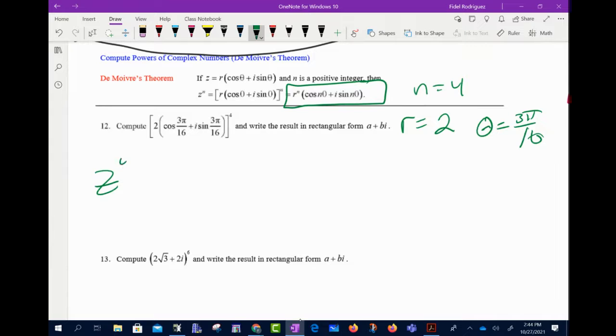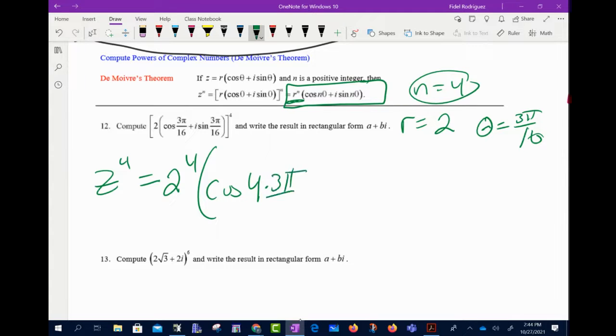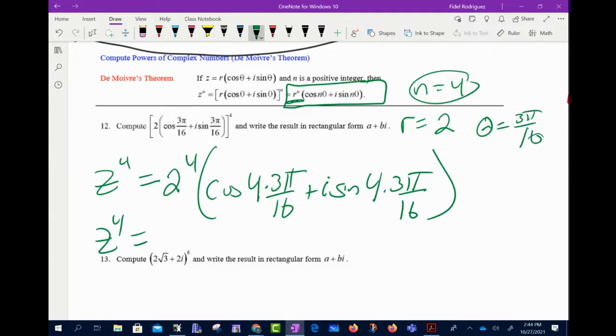So we're going to say z to the 4th is equal to 2 to the 4th power, and then cosine of 4 times 3 pi over 16, plus i sine 4 times 3 pi over 16.